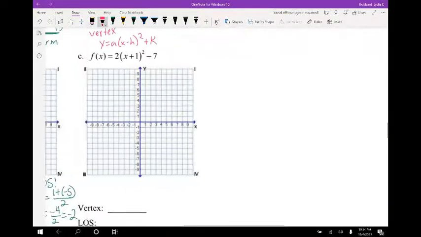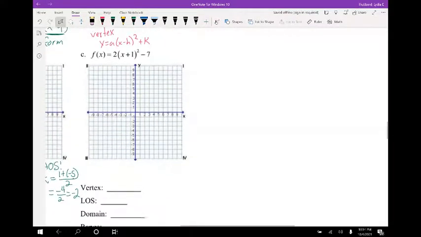So the easiest thing to find from vertex form is consequently the vertex. It's the opposite of what's in the parentheses, so -1, comma, the same as what's on the outside, so -7. So -1, -7 is our vertex. And our line of symmetry will be the vertical line going through that vertex. So x equals -1.